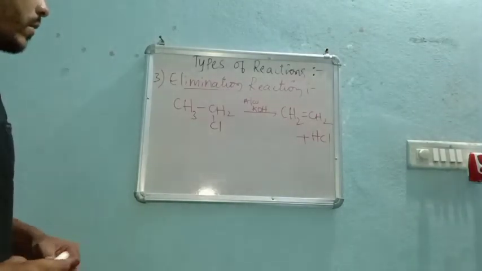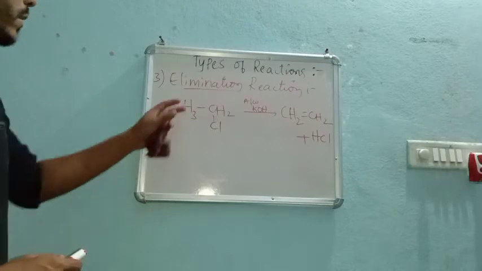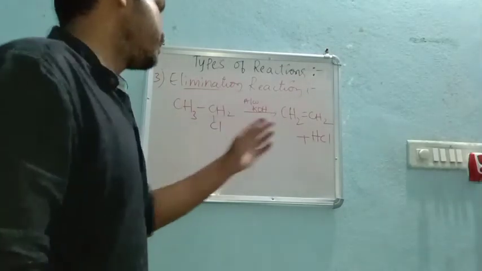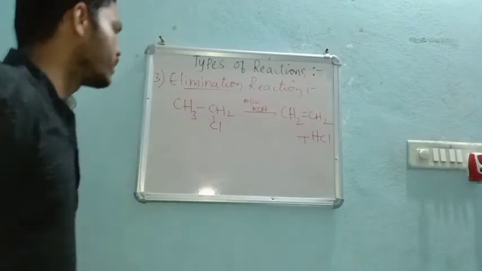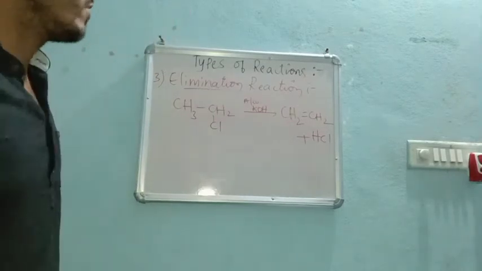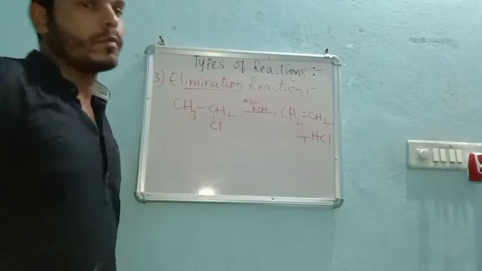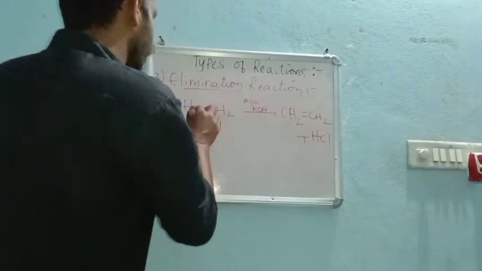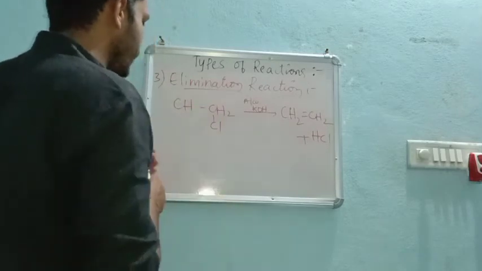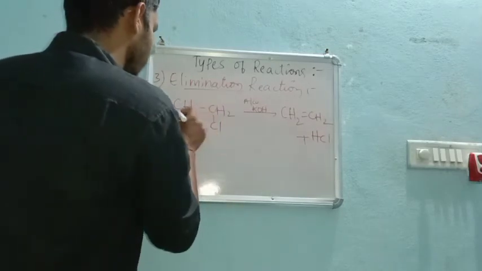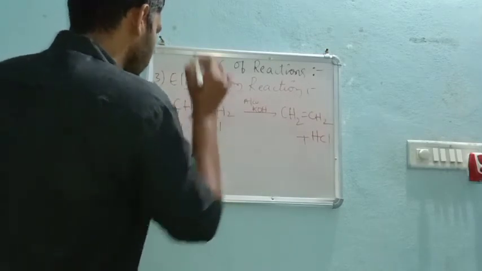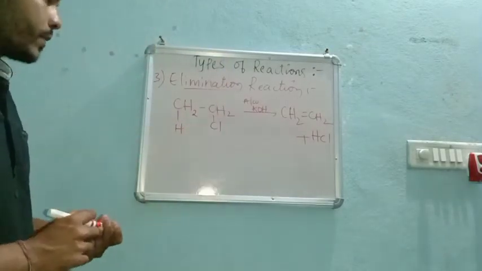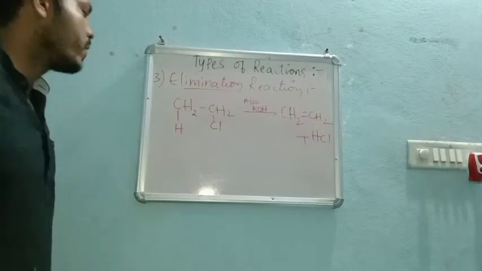So now, hydrogen was removed, and here we have removed a Cl. See, if I write the open structure, then you will understand very easily. Just observe this compound very clearly.